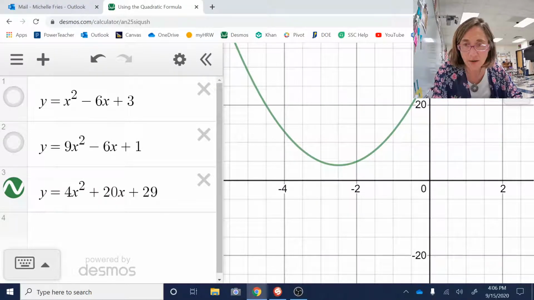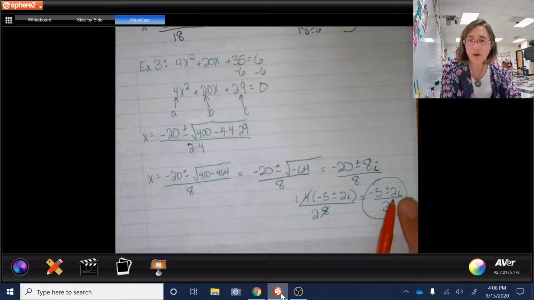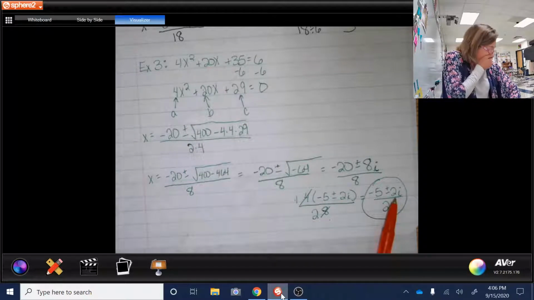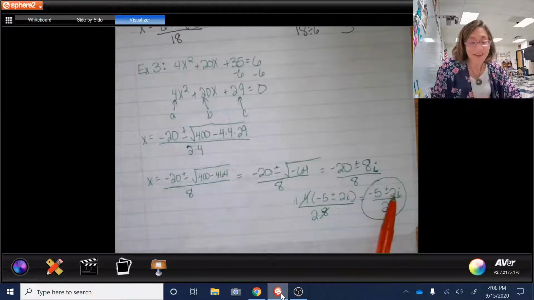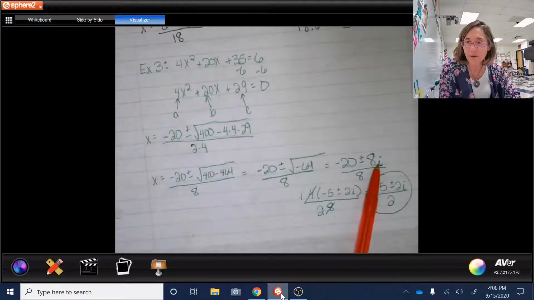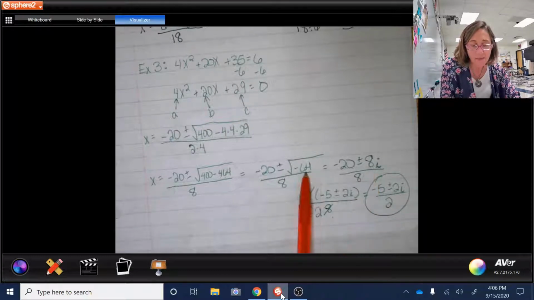There are imaginary ones. So let me go back over here. So let's back up from where I came from. Here I see the i, back up a step, here's the i, back up a step, that 8i is coming from the square root of the negative 64.